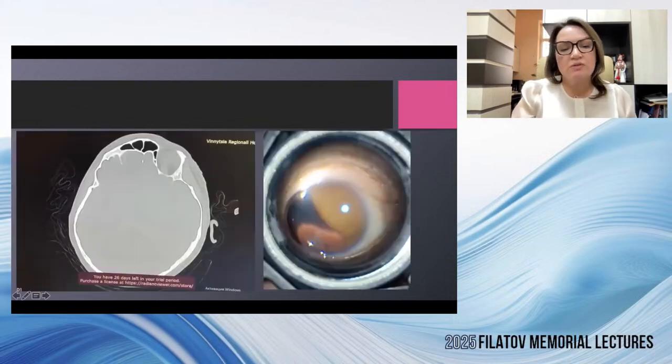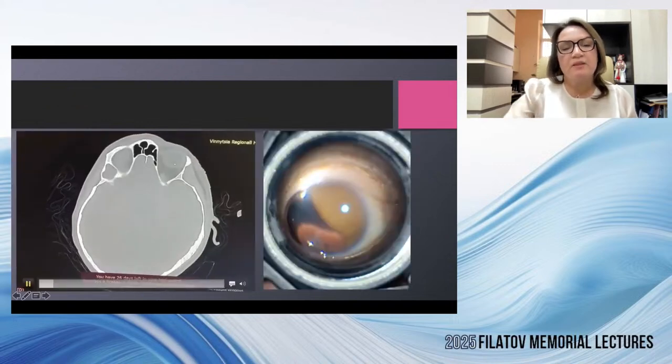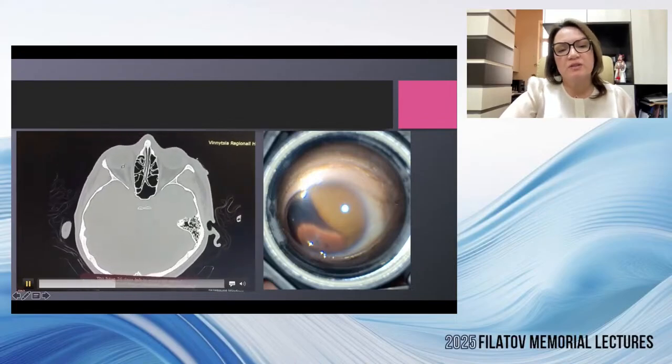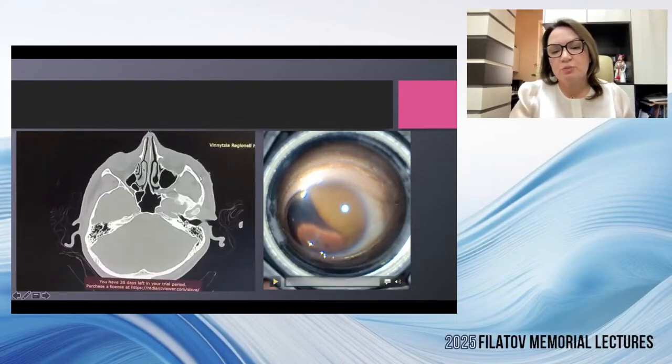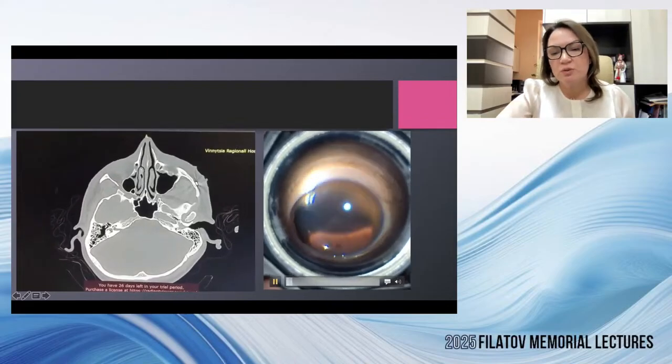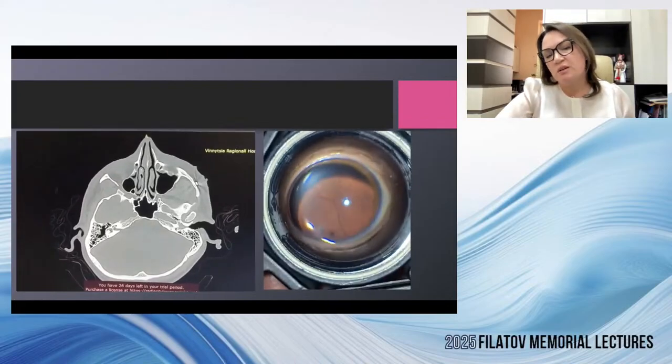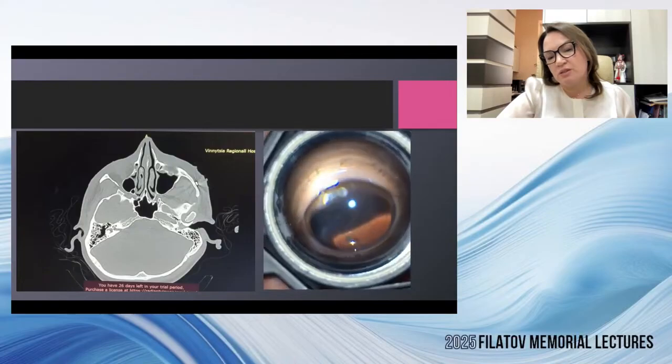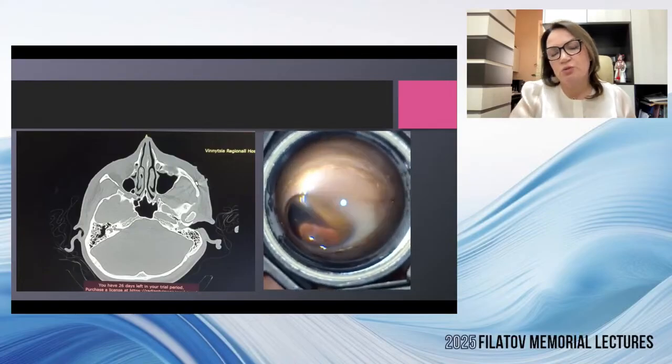The intraocular pressure is stable. You see his computer tomography demonstrating foreign bodies on the right and on the left. We have found a foreign body inside the left eye on the basis of the vitreous body.